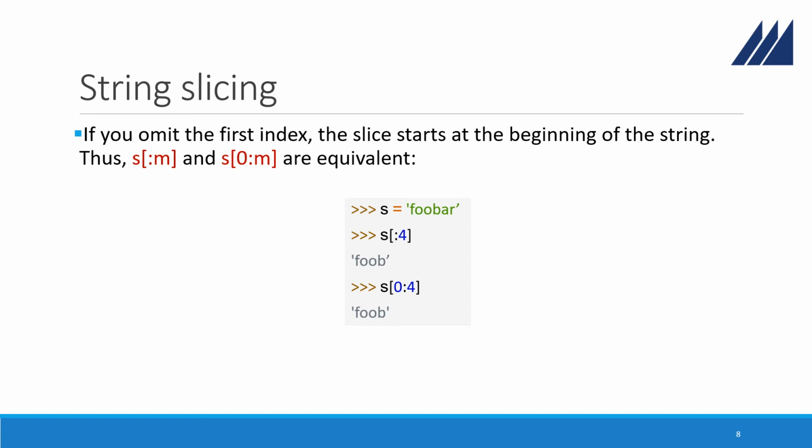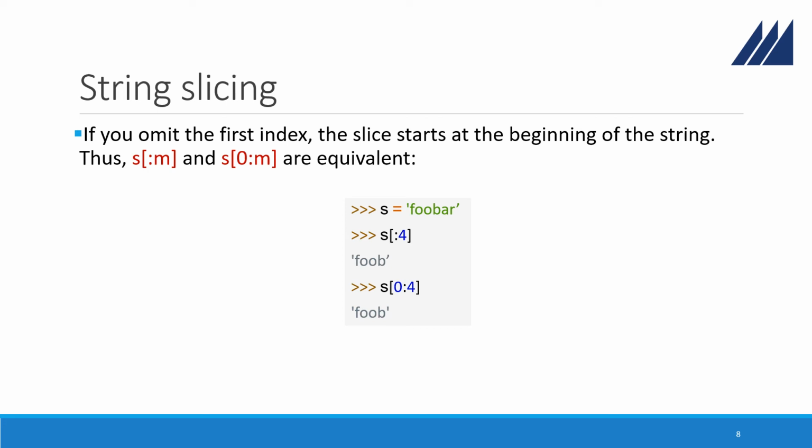All right, so what if I delete the first value before the colon? What does that mean? In Python, if you omit the first value, or where the slicing should start from, Python is going to take it by default as if it's going to start from the beginning, which is index 0.